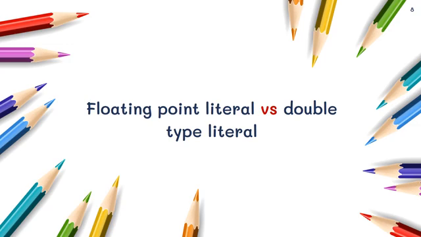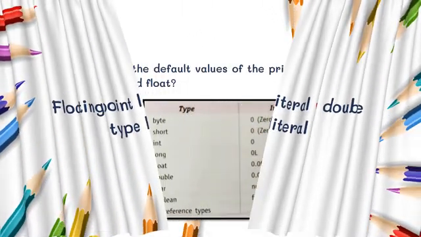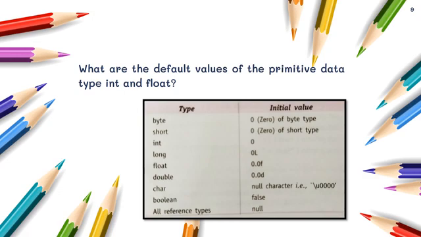E denotes exponent. What are the default values of the primitive data type int and float? The default value of int is 0 and the float is 0.0f. F is the suffix.